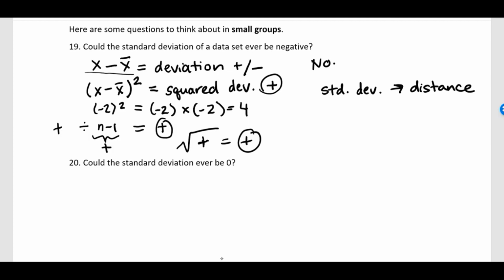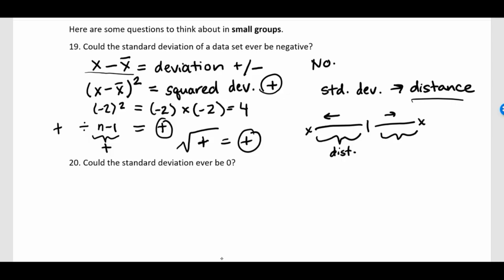It's still from one point to another point, regardless of whether you're going forward or backwards. So I like to think of our standard deviation as the average distance from the mean. And distance is always positive, so our standard deviation is also always going to be positive.